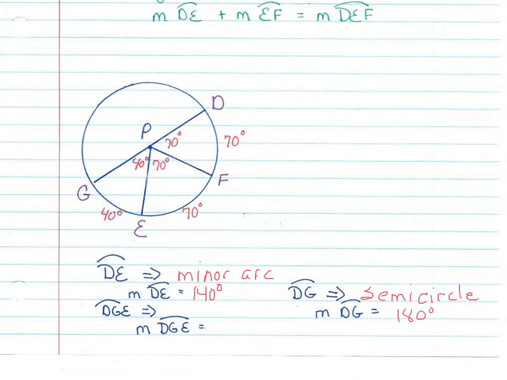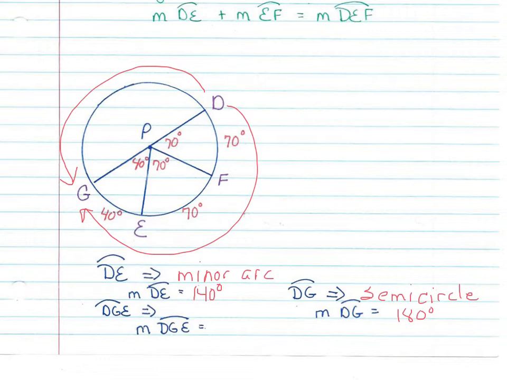And we could either go this way with it, or we could go this way with it. What kind of arc is arc DGE? Now, if I say DGE, that means G is in the middle.